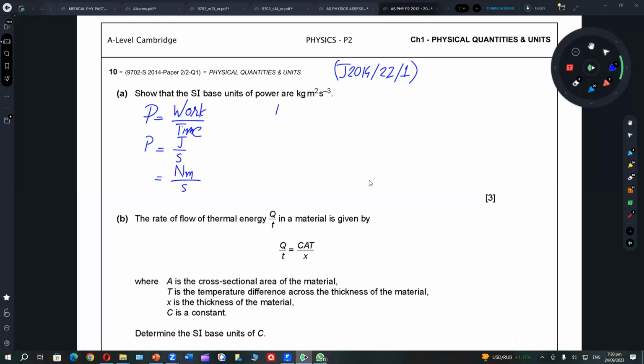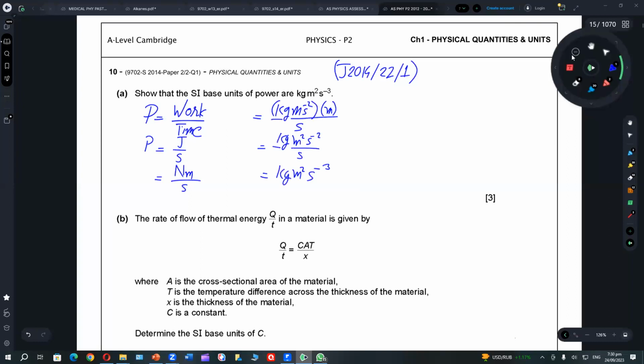So when you simplify Newton, it's kg m s minus 2, into meter, upon second. And when you simplify it further, kg m square s minus 2 upon s. When you move this s up, it will become s minus 3. Look at the working, simple working, only one question and then we are terminating the class.